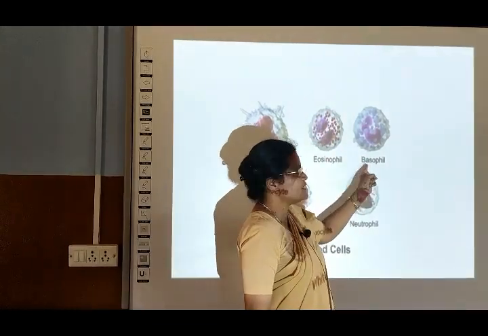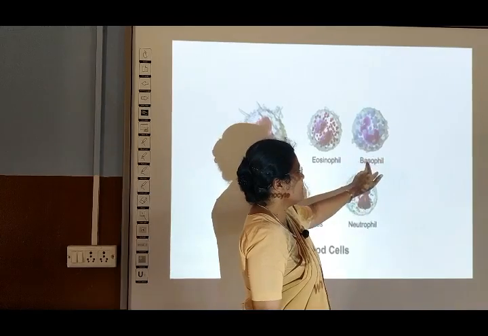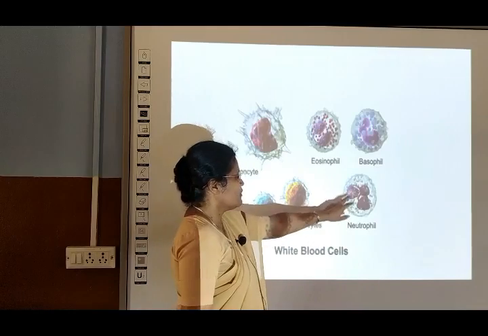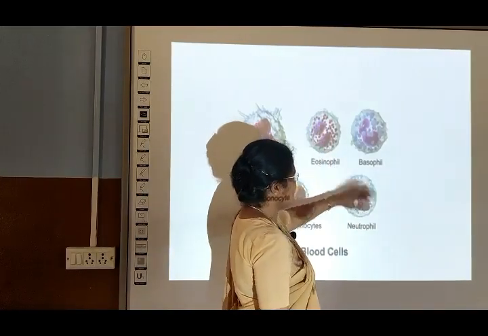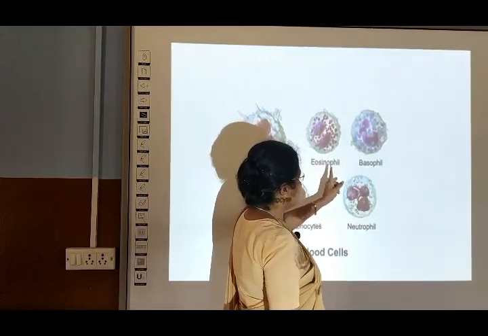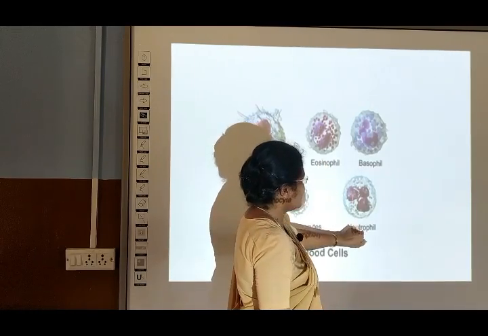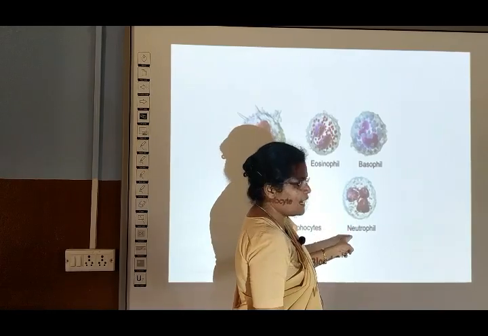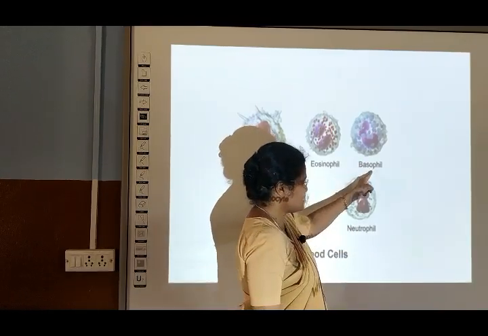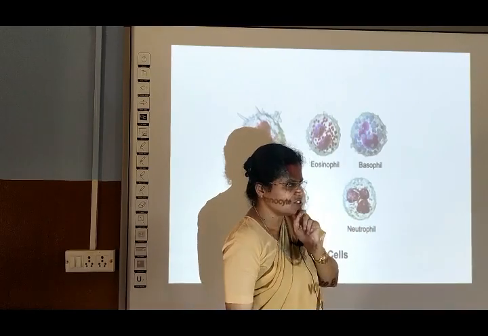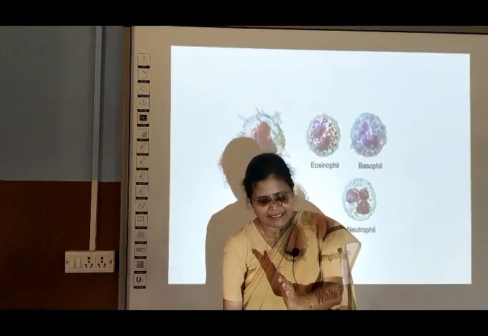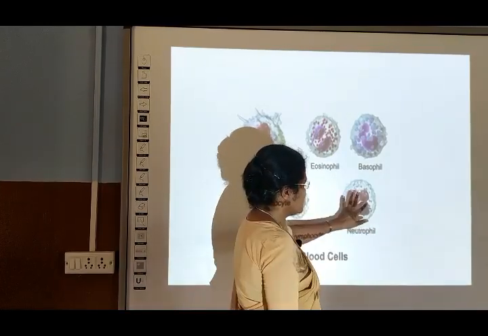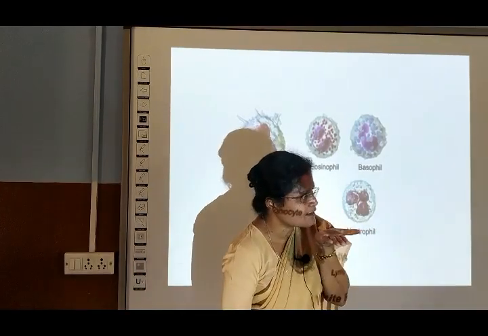Similarly, if you put a basic dye, only the basophils will be seen, other cells will not be seen. Neutrophils will not have an affinity for either. So when you put a neutral dye, neither acidic nor basic, neither alkaline nor acidic, only this set of cells will be seen under the microscope.